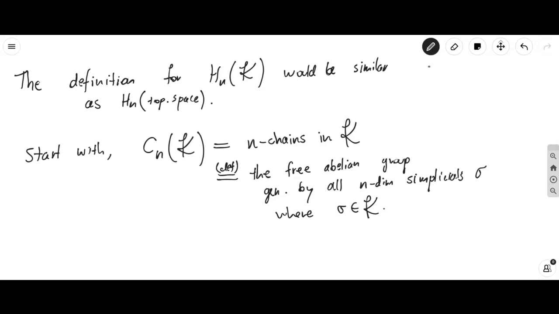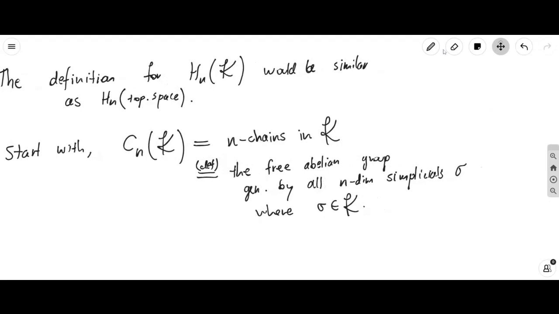When we have a topological space, we consider all mappings of the geometric simplex into your space. When you have a simplicial complex, this group Cn is defined, rather than by mappings, by just the discrete simplices that already sit within K. You're not mapping anything anymore. You just take those sets as your simplices.